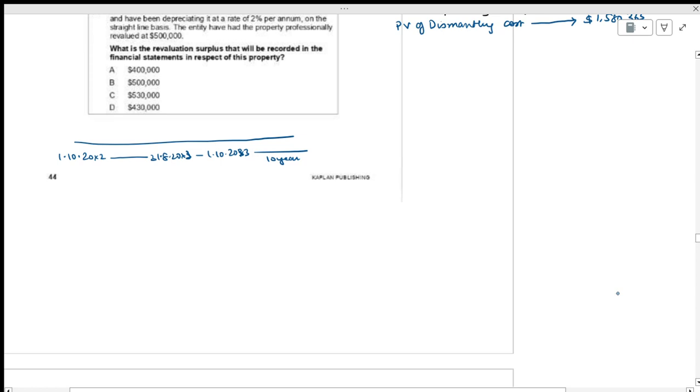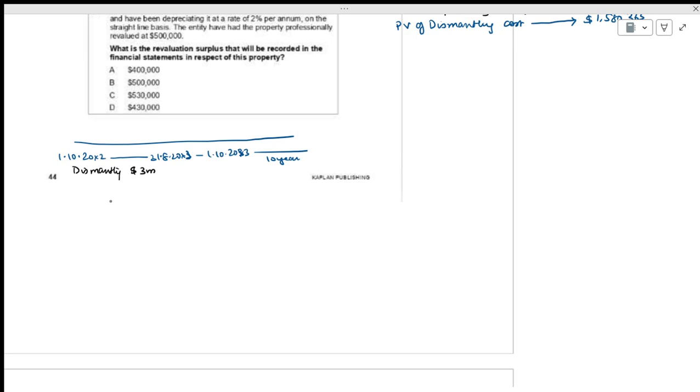Next, there is a dismantling cost of 3 million, which means you have to remove it. Now, instantly, if you are removing 3 million in 1 year, it will have an impact on your project.